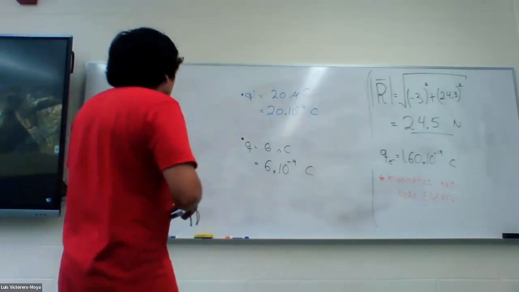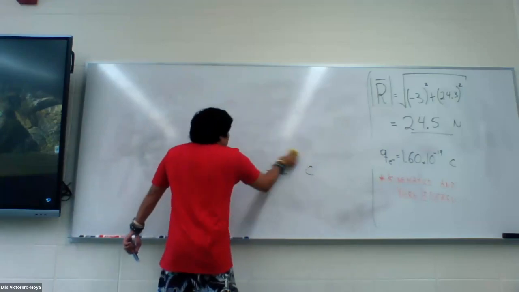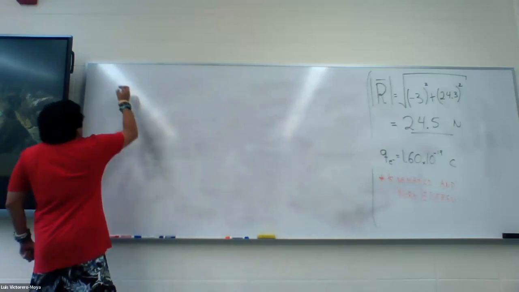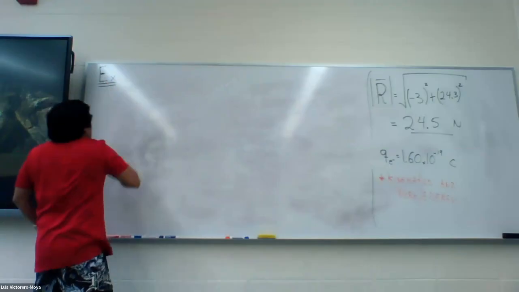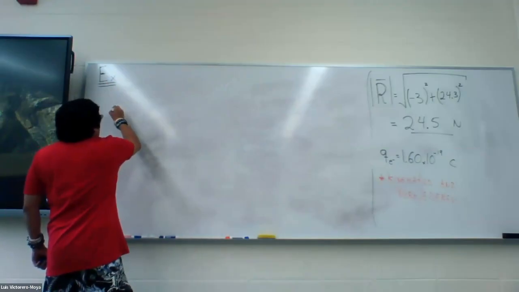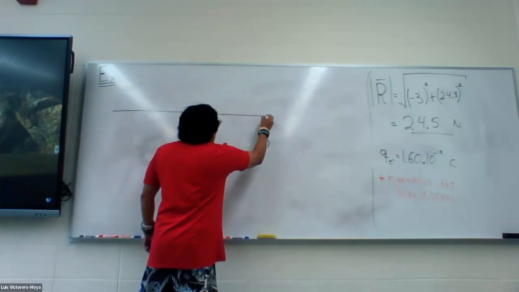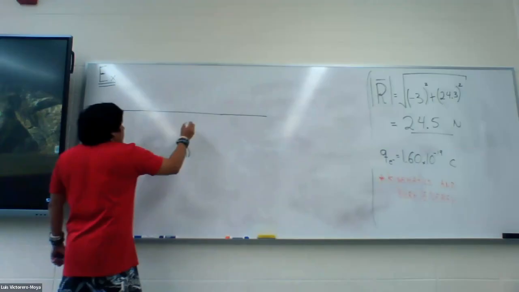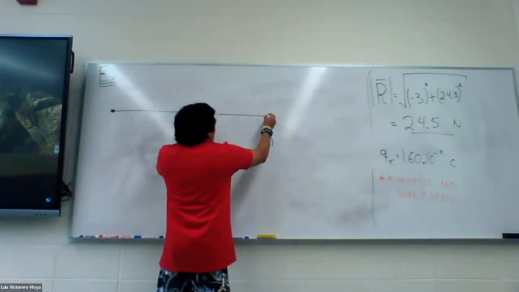All right. Okay. So let's give you an example on how to do a few of those problems of coulombs. So example 1. On the x-axis, you're going to be given 3 charges. 1 there, 1 here, and 1 here.